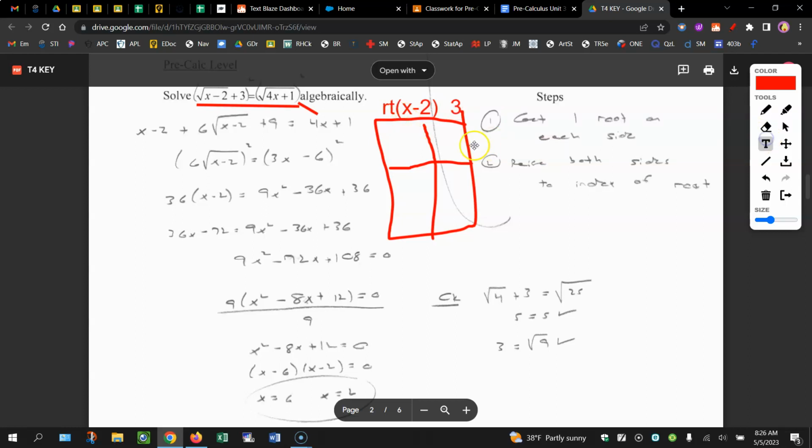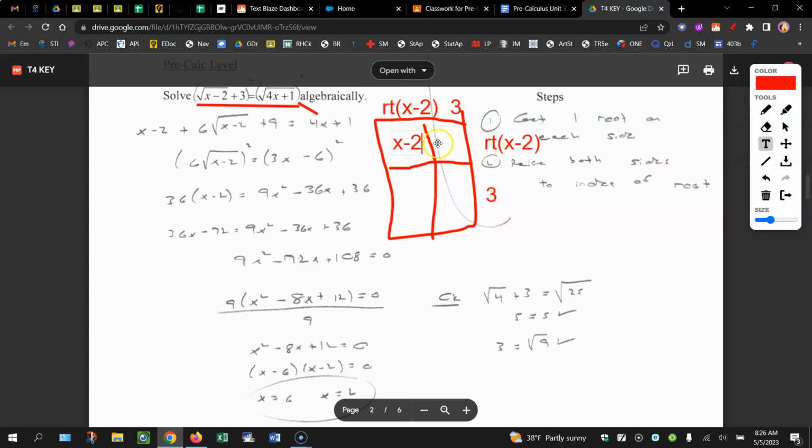Same deal here. You have your square root of x minus 2, and you have your 3. Okay, so when we start thinking about products here, the square root of x minus 2 times itself is just going to be x minus 2.